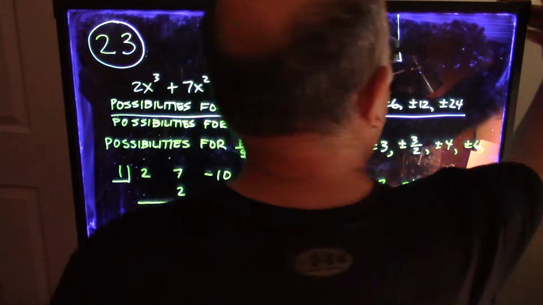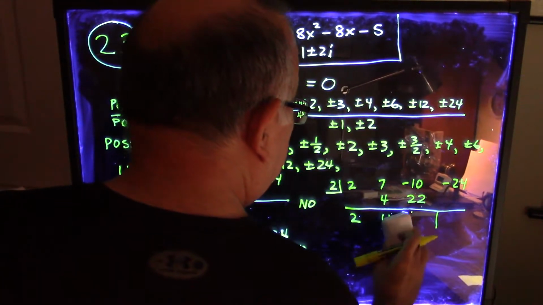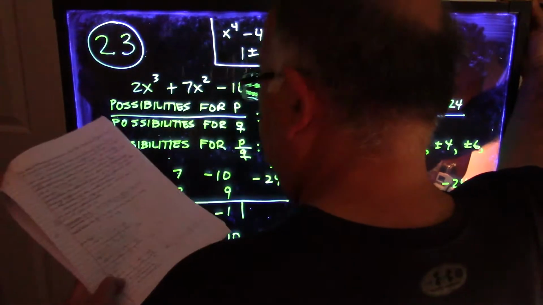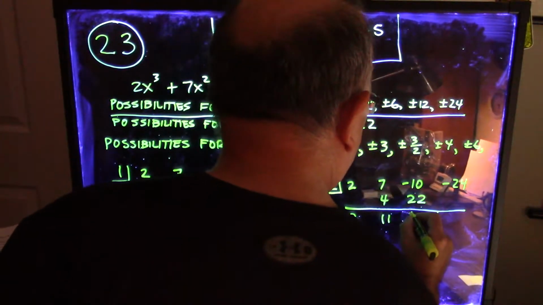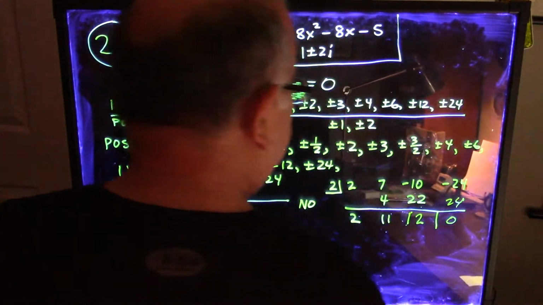Oops, that should be something else. All right, that should be a 12, and 2 times 12 is 24. There's our zero remainder.